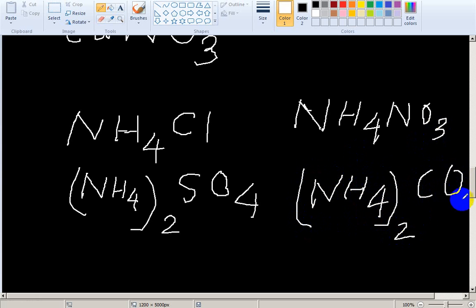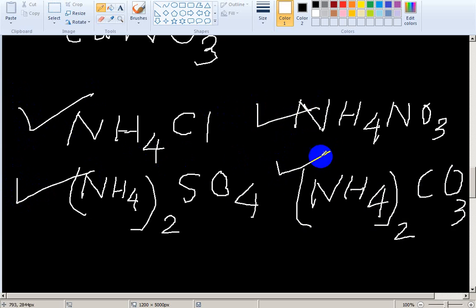So all ammonium salts are soluble. Okay, all are soluble. This one is soluble. This one is soluble. This is soluble.